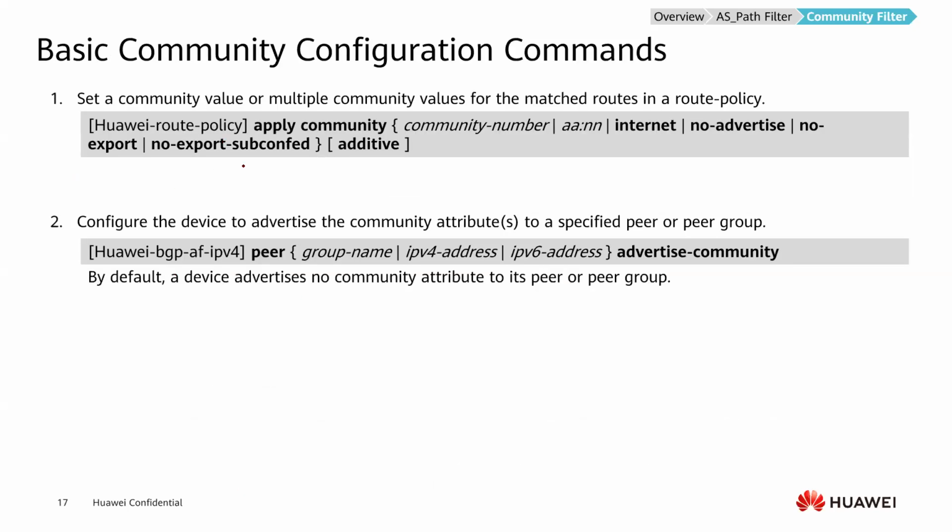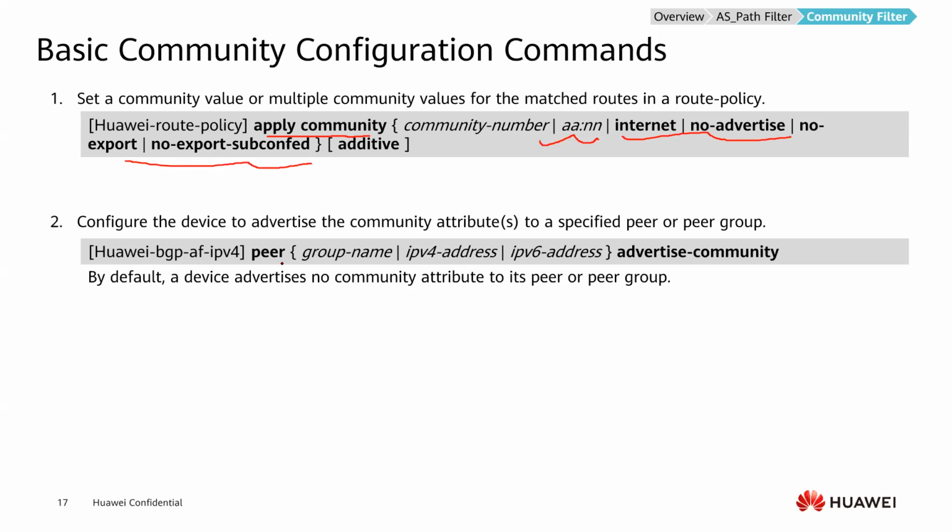Okay, so first is the configuration for how to configure the community attribute. First, you need to use apply community. You can use a community number configured by yourself, or you can use a well-known one.